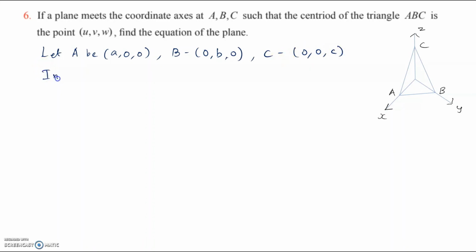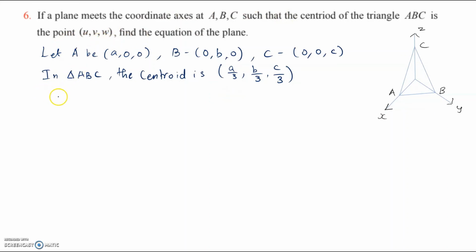In triangle ABC, the centroid is defined as (x1 + x2 + x3) divided by 3. So here it will be (a + 0 + 0) by 3, which is a by 3, similarly b by 3 and c by 3. Our centroid point is defined as (u, v, w).